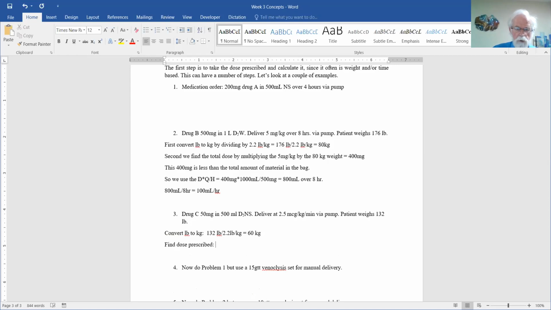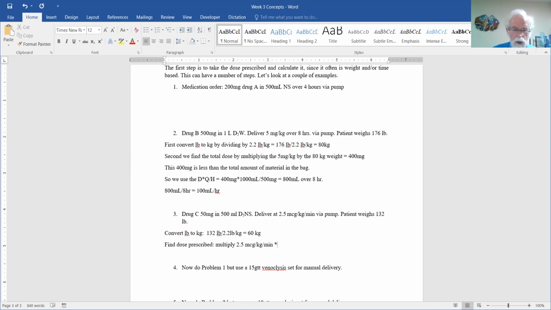So we do that again by multiplying 2.5, let me use a decimal point, not the British way, micrograms per kilo per minute, okay?